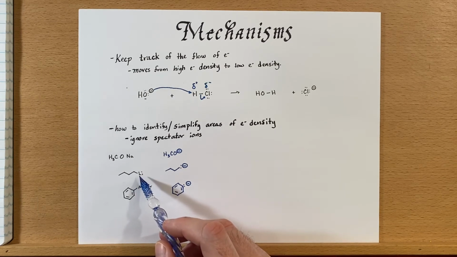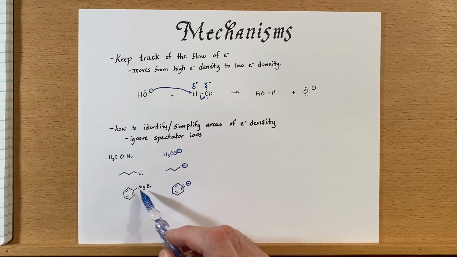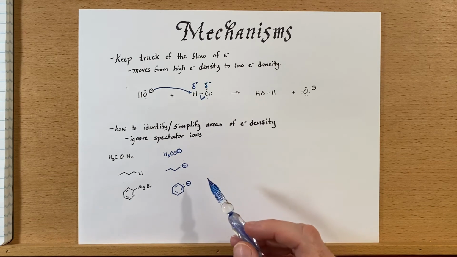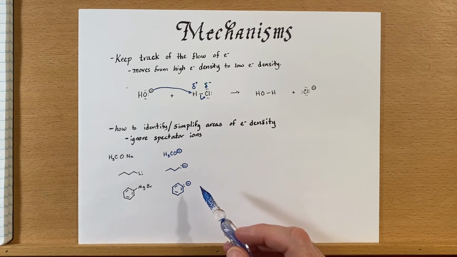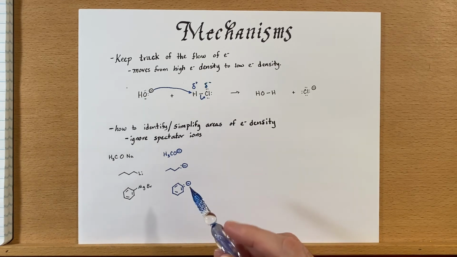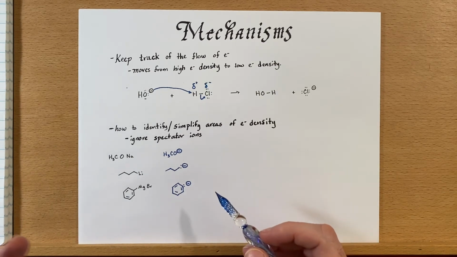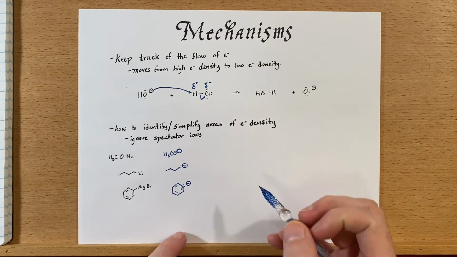Organolithium reagents are much more reactive than their Grignard counterparts. So, while we can ignore things for drawing mechanisms, we do have to keep in mind what they came from, just so that we can keep track of the reactivity that we'll see later.